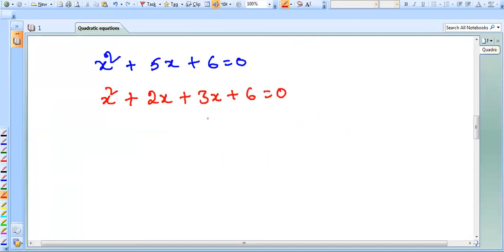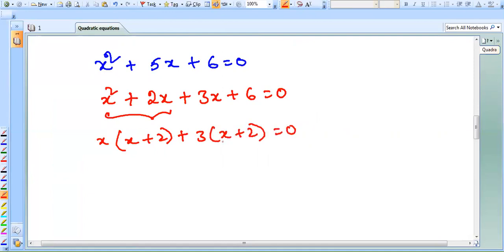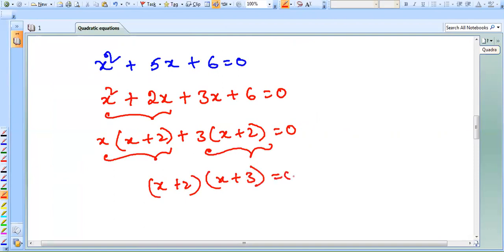So x is common, then x plus 2. 3 is common, then x plus 2. From these two, x plus 2 is common, and here x plus 3 is equals to 0. Then x is equals to minus 2, x is equals to minus 3.